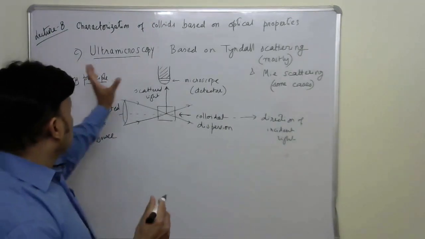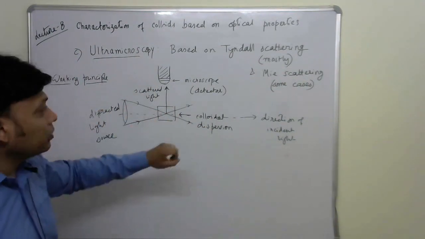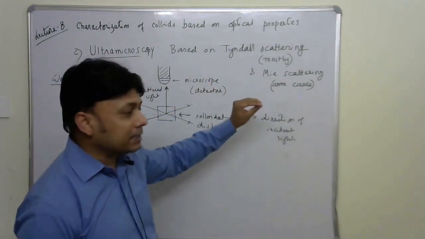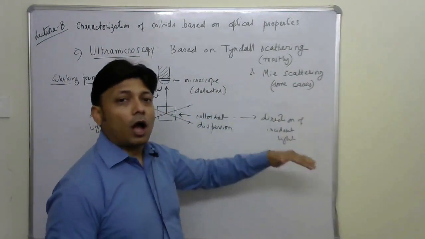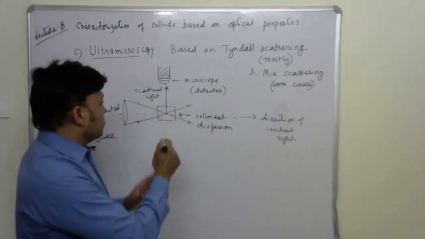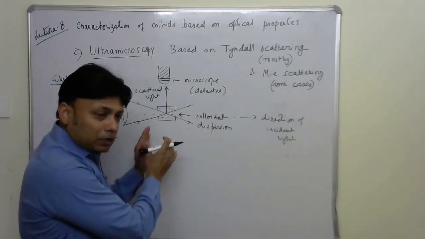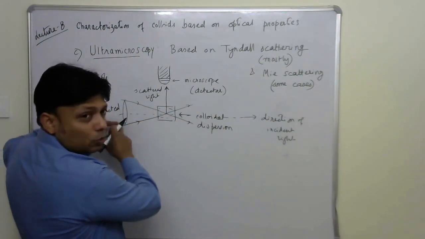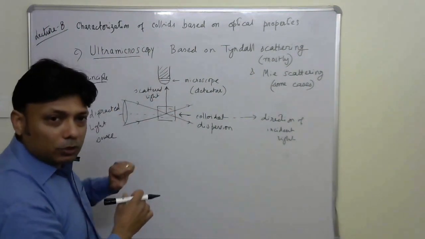So now let's discuss the basic working principle of ultramicroscopy. As I told you before, it is based on the Tyndall scattering mostly, and in some cases it's also based on a special type of scattering called Mie scattering, which I am going to talk about in the next lecture. In the basic working principle, we can assume that the sample is in the form of colloidal suspension, where the light source and the optical detector are kept at an angle of 90 degrees with respect to each other.